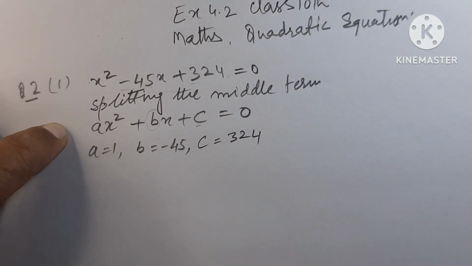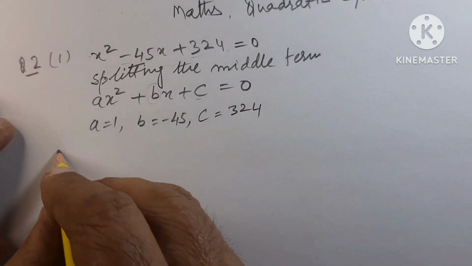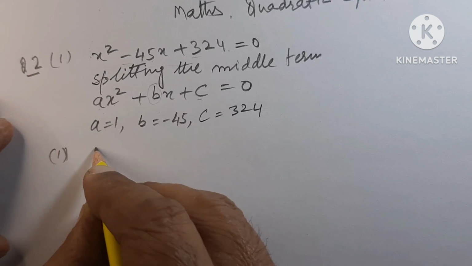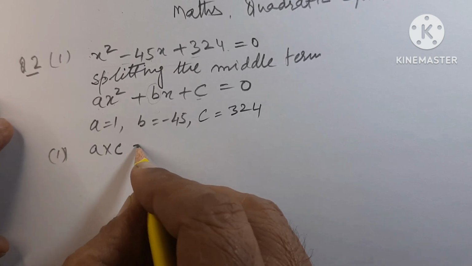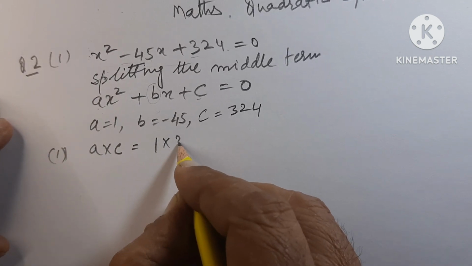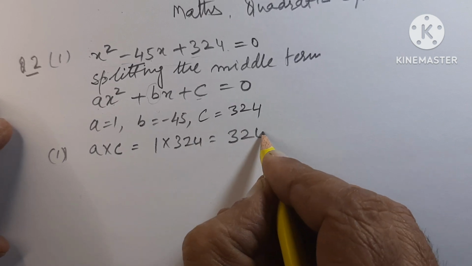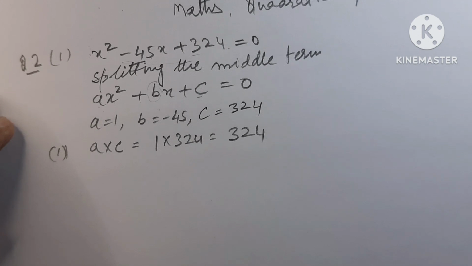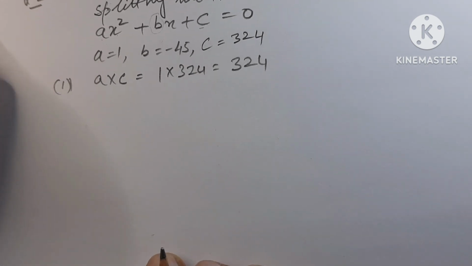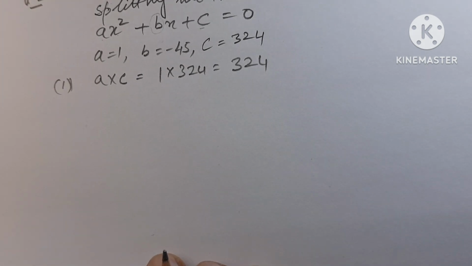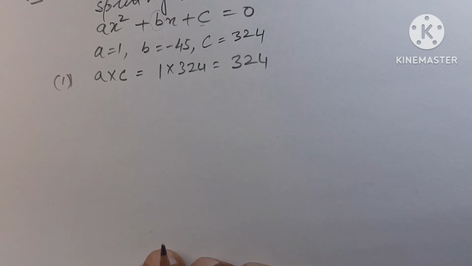So the first step is we find the multiplication of a into c, which is 1 into 324, equal to 324. Now we have to find the factors of 324.